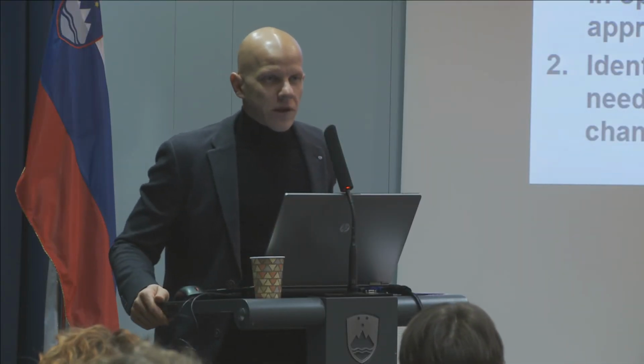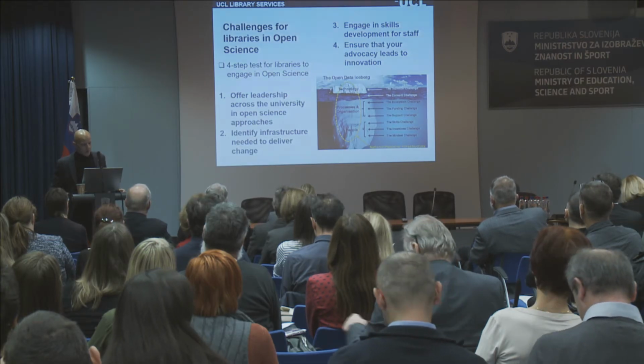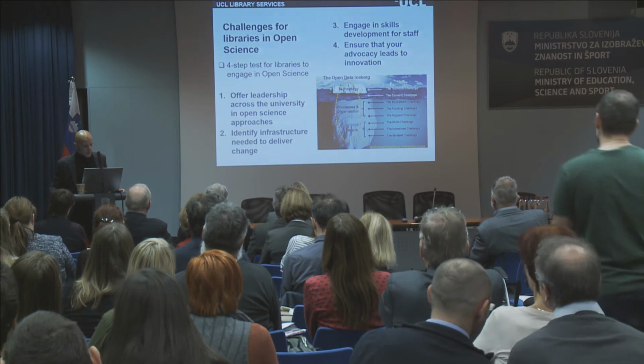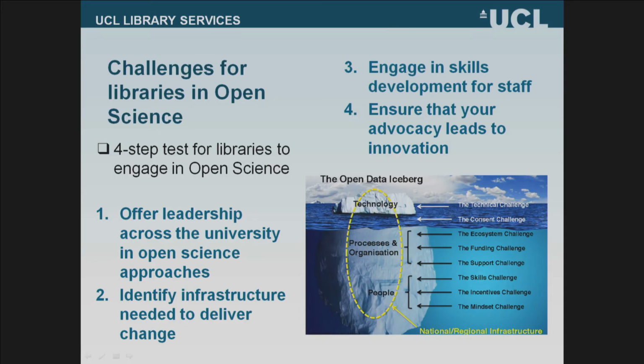As a conclusion for this presentation, we propose a 4-step test for libraries to engage in open science. First, offer leadership across the university in open science approaches. UCL has a statement: we don't follow, we want to lead, and that is a leadership position you would probably like to have in open science approaches.